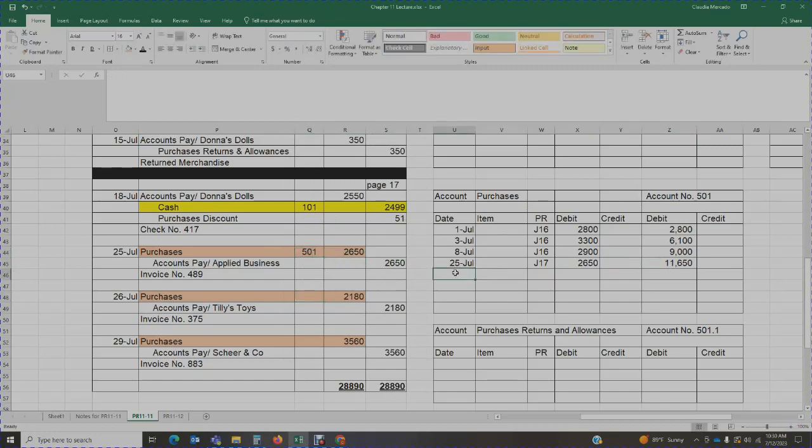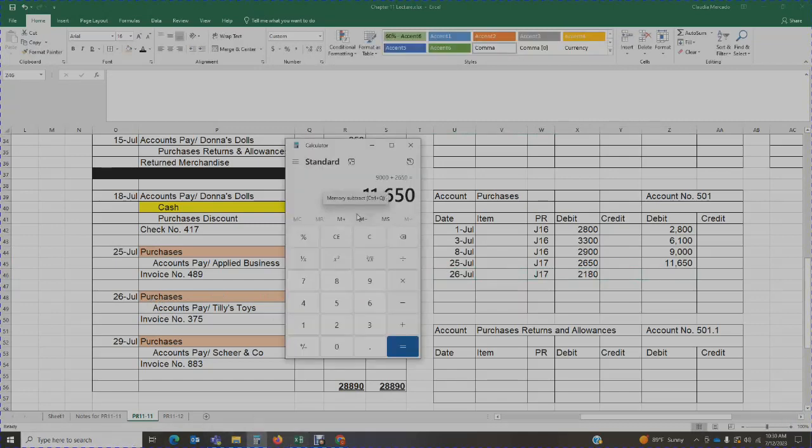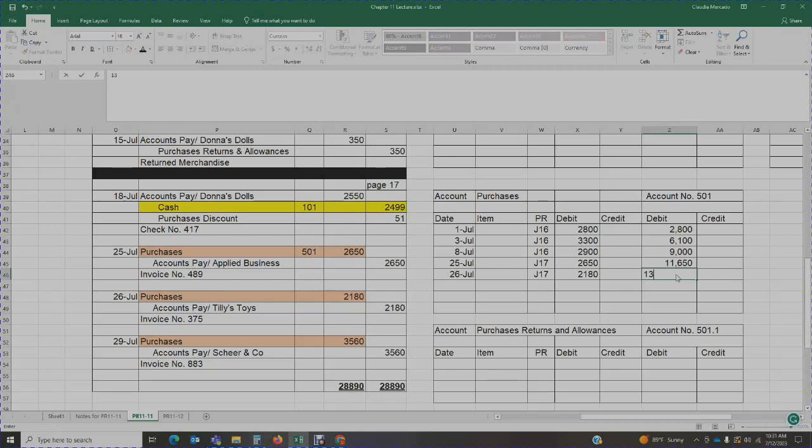Then on the 26th, journal 17, we've got a debit entry of 2,180. So we add 11,650 plus 2,180. That's going to give me 13,830. And then that's going to be a 501.